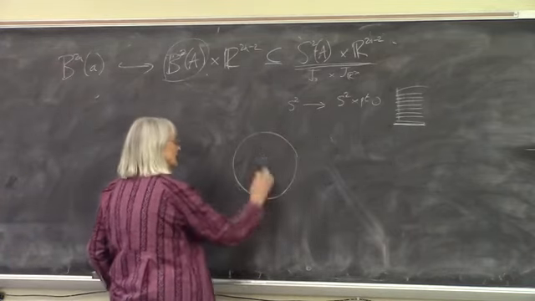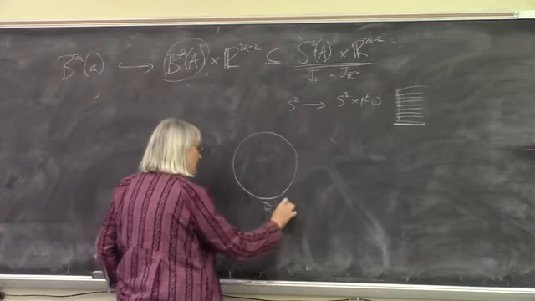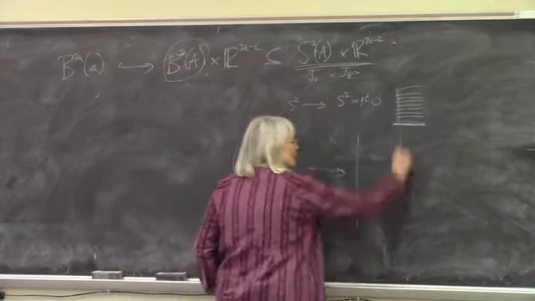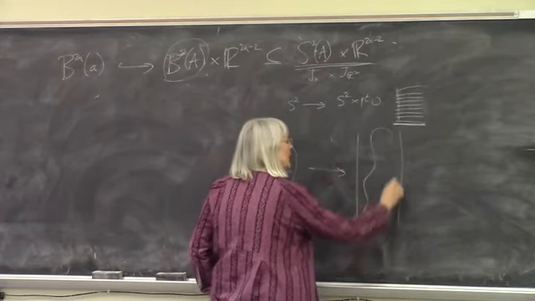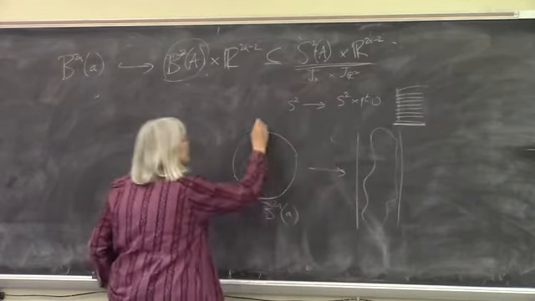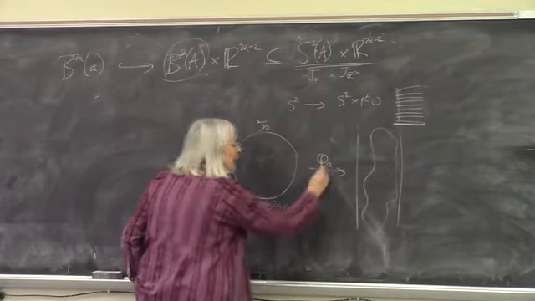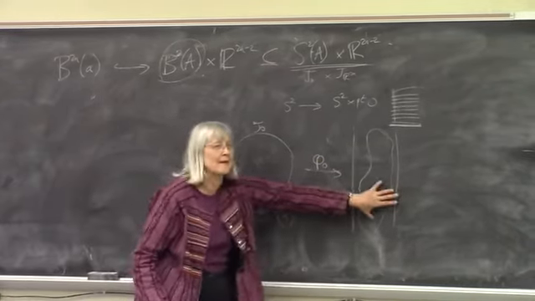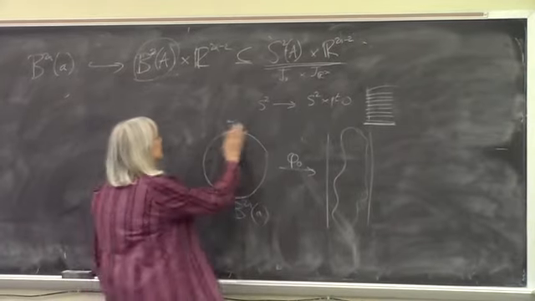Suppose you have a ball here. This is one of the arguments that works in every dimension. And you're mapping it into a cylinder. So we take J_0 here. Suppose we have an embedding. We argue by contradiction. Suppose we've got a large ball, and we're mapping it into here.